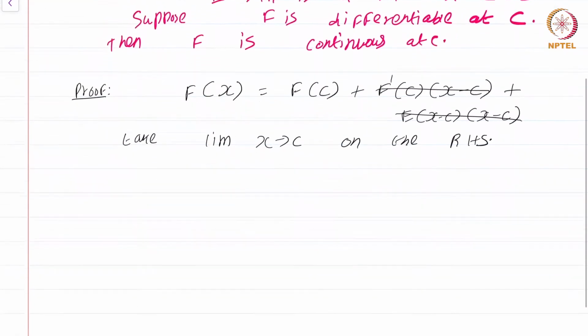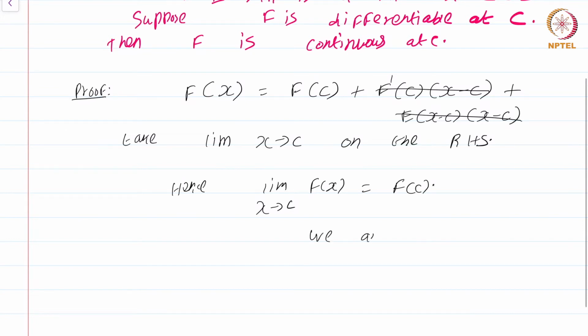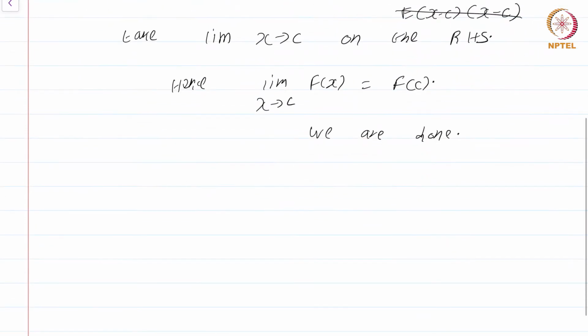Hence the limit x going to c of f of x is just equal to f of c. We are done. So we got the proof instantly once we used the interpretation of the derivative as giving a good linear approximation. Many other properties will also follow quite easily from this.